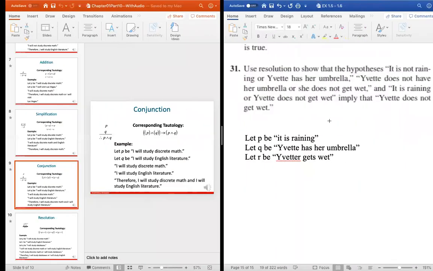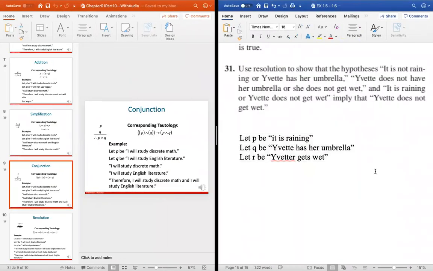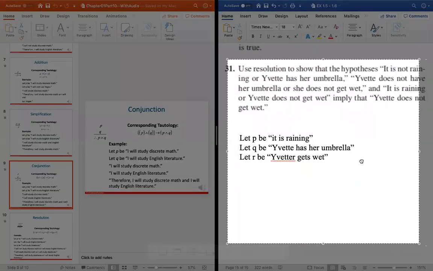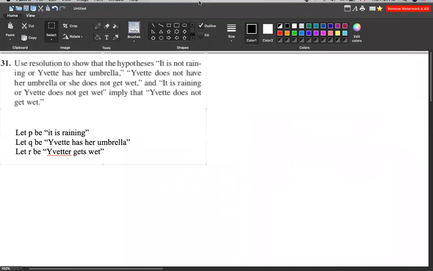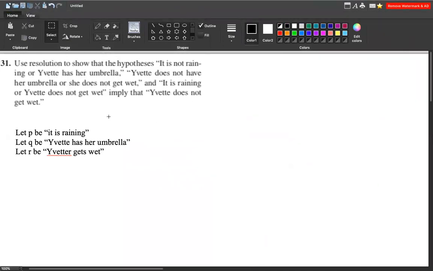Okay, so let's take this over there. We have these assumptions, and then we're going to put them in this part. We have the negation of P, if it is not raining, or Q, she has her umbrella.